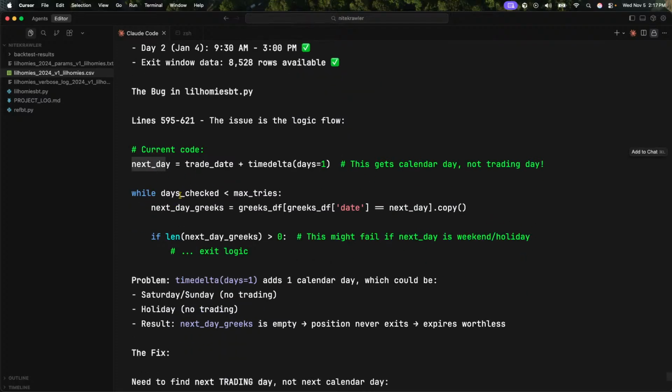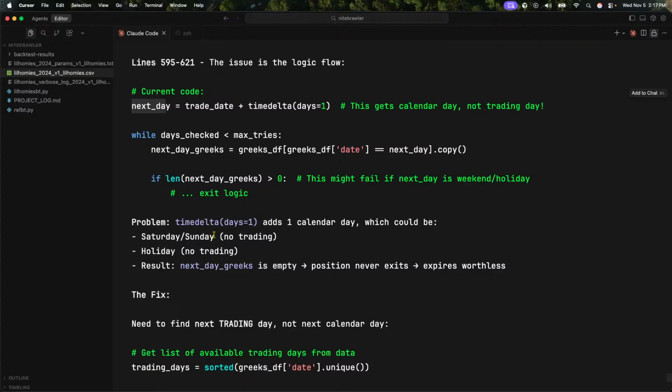While the days check is under max tries, next day Greeks equals the Greeks data frame filtered where the date equals the next date, copied, and then the length of the next day Greeks is checked. This might fail if the next day is a weekend or holiday.